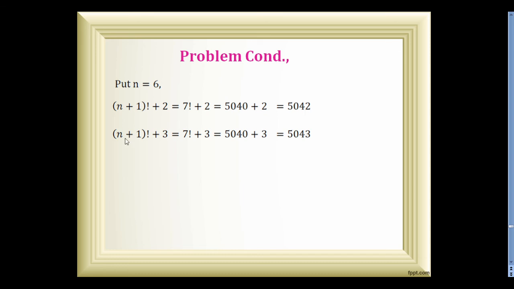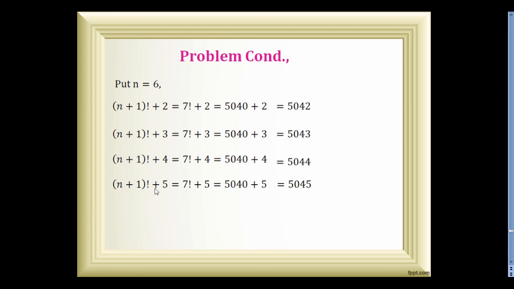Then, putting n equal to 6 in the second term, we get 5043. In the third term, we get 5044. Then the fourth term, (n plus 1) factorial plus 5, is 7 factorial plus 5, 5040 plus 5, is equal to 5045.